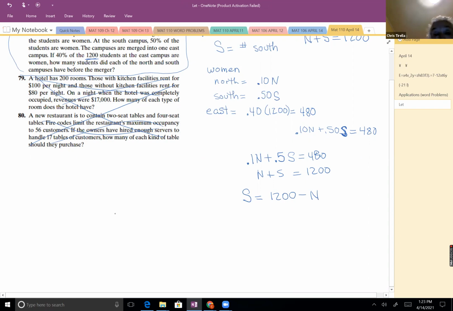And so when I substitute into that other equation, I get 0.1 n plus 0.5 times 1200 minus n, replacing s with what it equals, is 480.